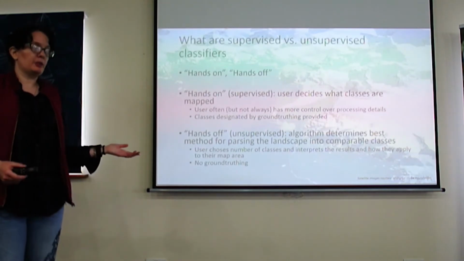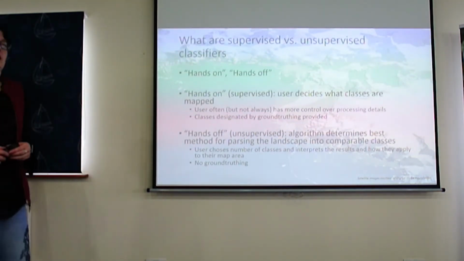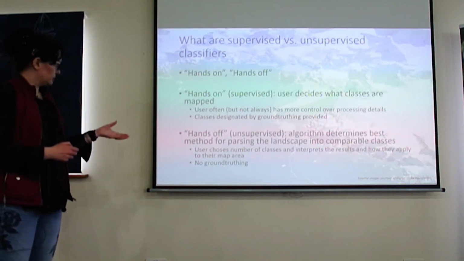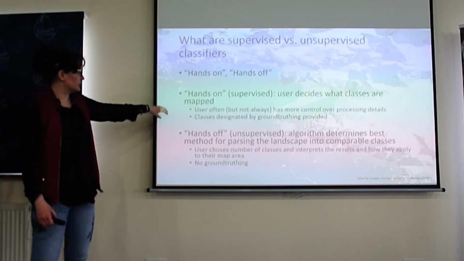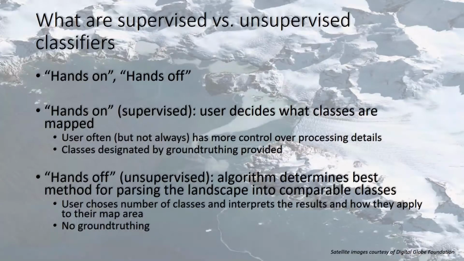In supervised classification, you can't map a class that you don't have ground truthing for. And usually, as you're going through this checklist, you'll find that typically, but not always, you have more dials to turn for supervised classification than unsupervised.